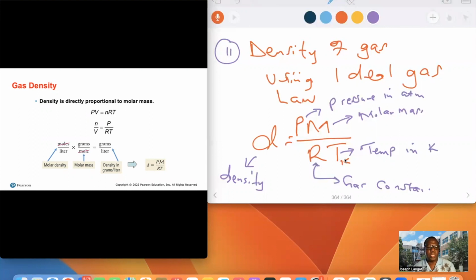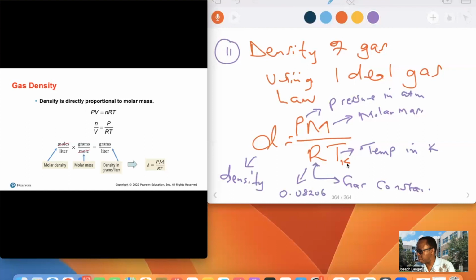Other than that, the equation will just be useless in front of you in an exam if you forget to change. No one will tell you to change the temperature to Kelvin, but you are expected to know that temperature has to be in Kelvin because of the universal gas constant here. It's the same as we looked at before, 0.08206.